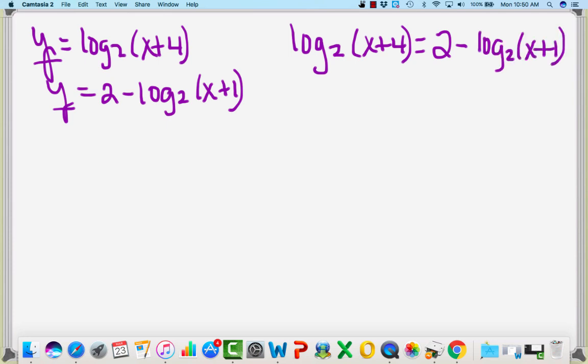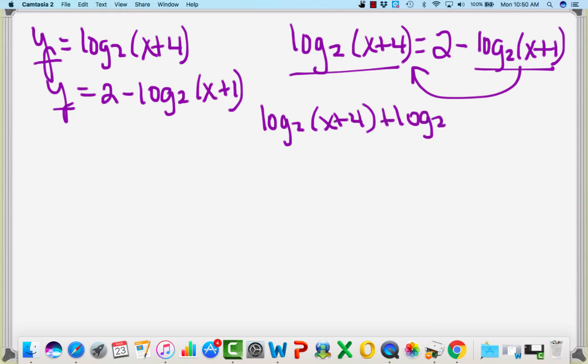But I have logarithms on both sides of the equation, so I'm going to rearrange this so the logarithms are together. So I'm going to add this log to the other side so that I get log base 2 of (x plus 4) plus log base 2 of (x plus 1) is going to equal 2.